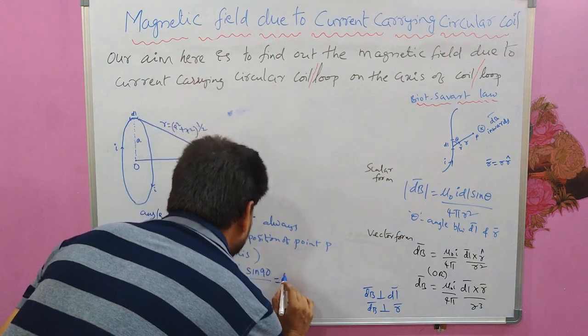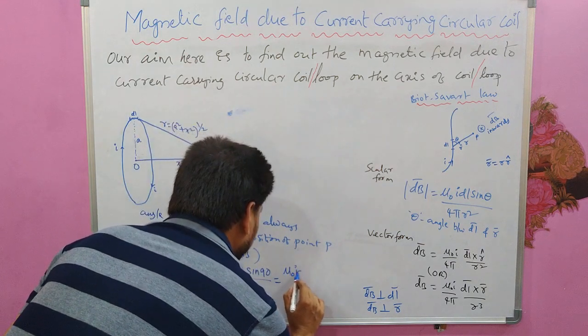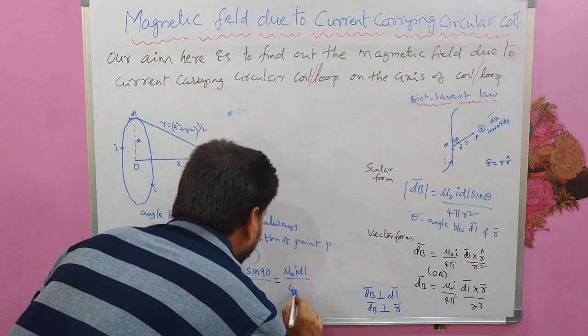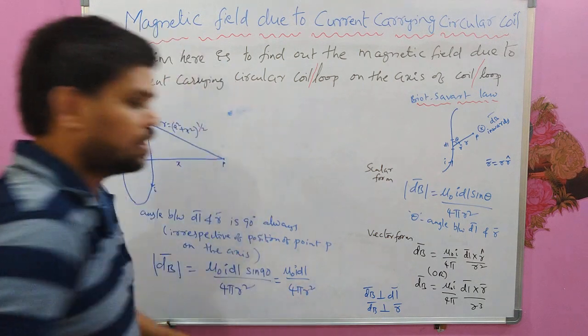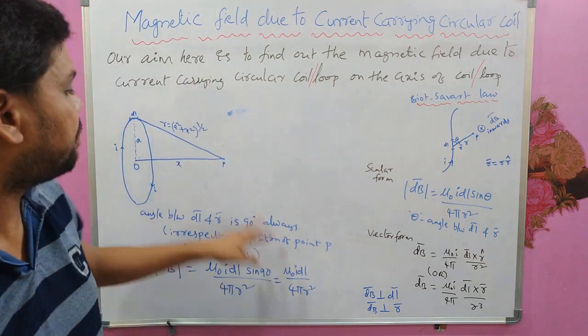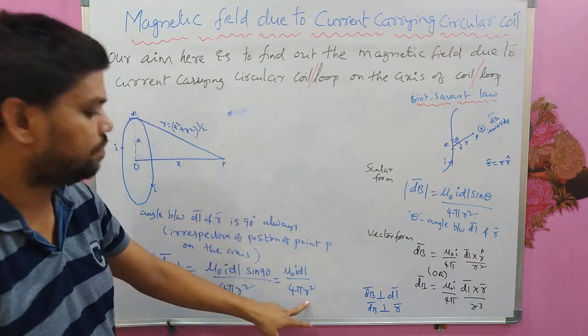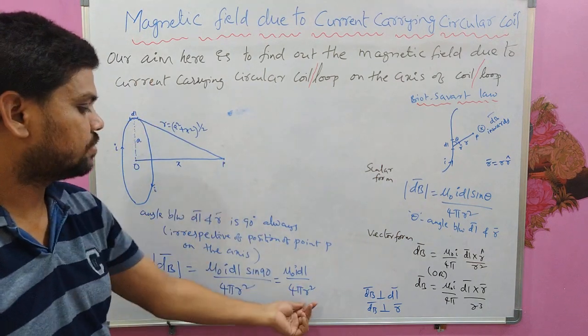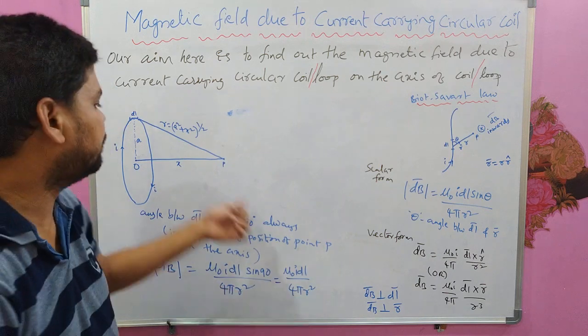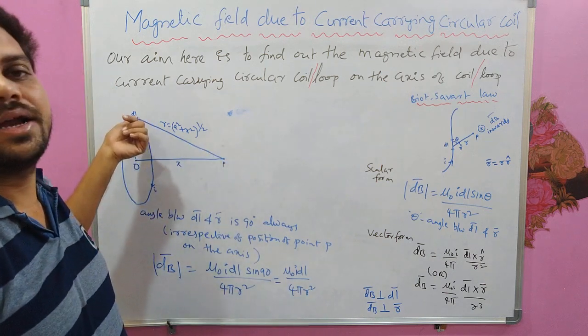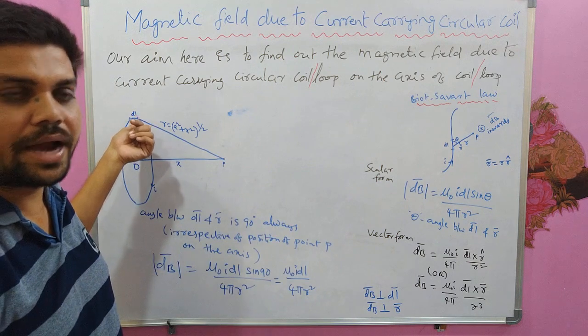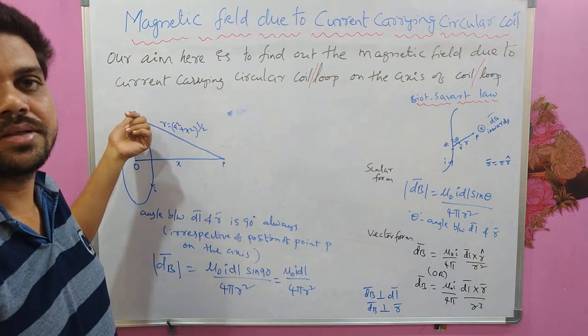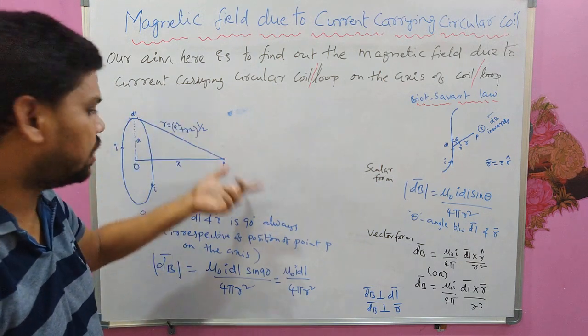Since sin 90 is 1, mu naught I dl by 4 pi r square is the magnitude of the magnetic field at point P, which is on the axis, and r is the distance between point P and the small current element I dl, or small length element dl.